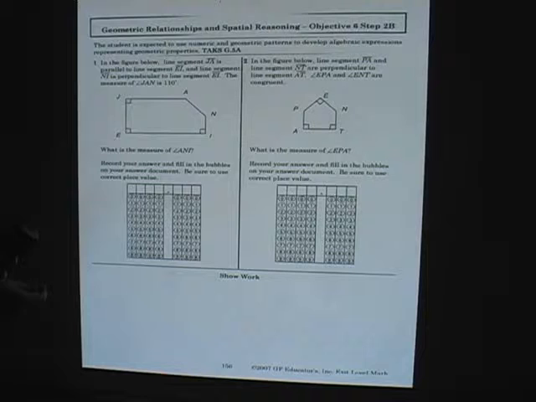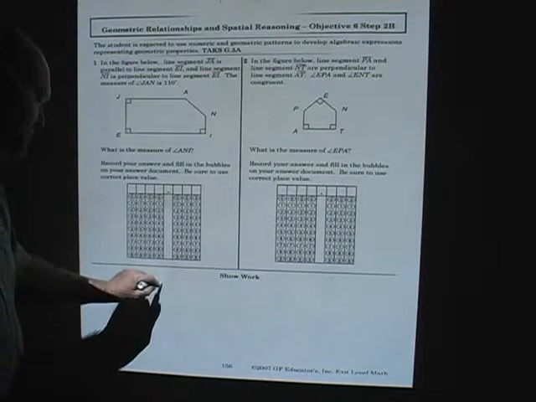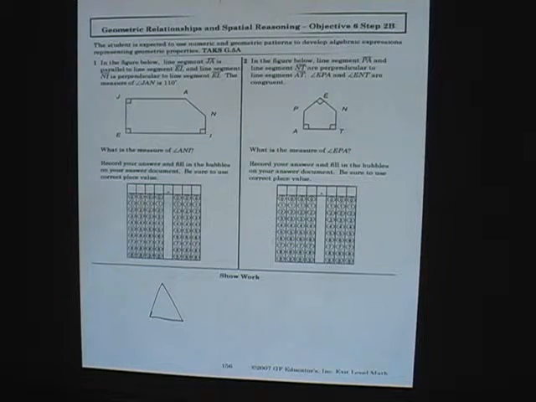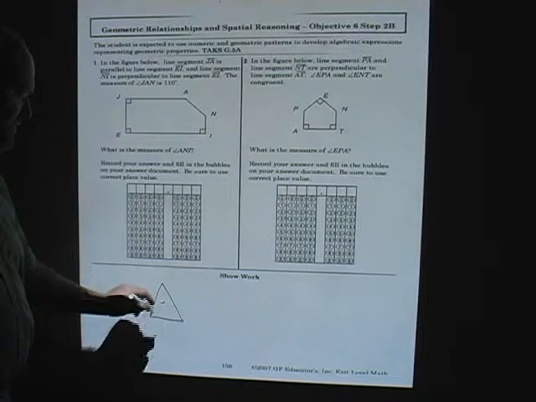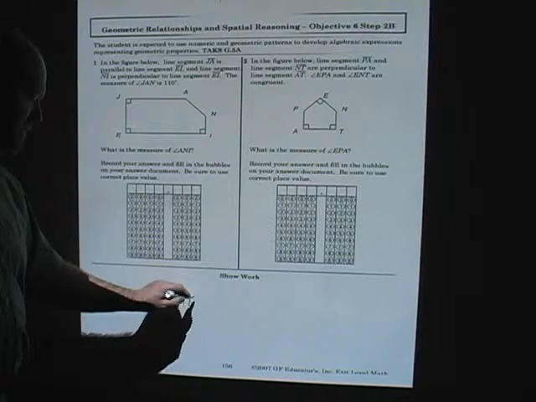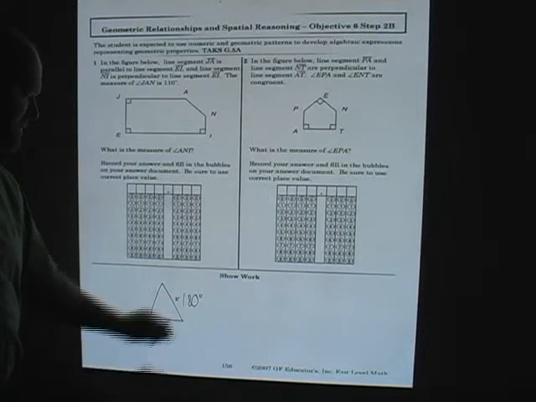Okay, one thing that I want to go over with you before we start this is the idea that a triangle, and this is true of any triangle, the 3 angles, when you add them up, equals 180 degrees.